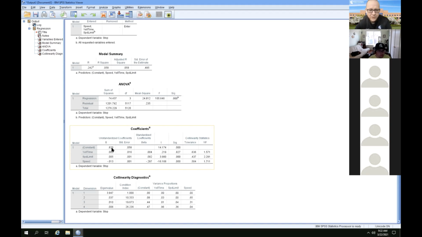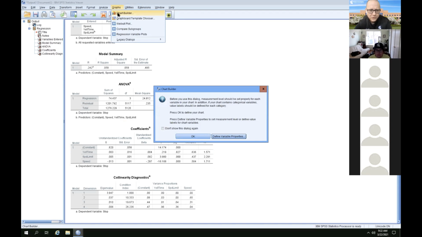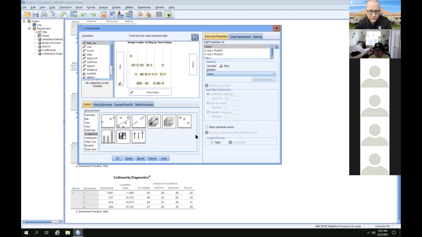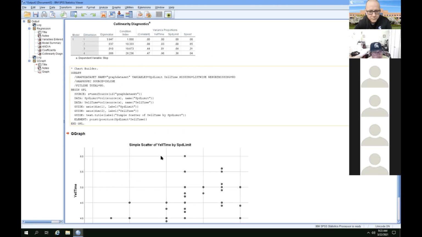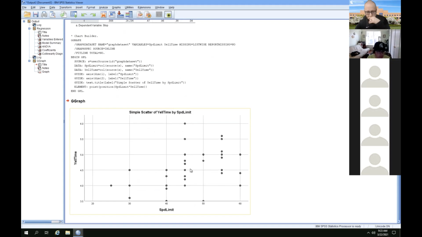But you can also work through, as you add these variables one at a time, you'll want to see what happens to these parameter estimates. Do they change sign? Do we see significant differences in these values? And I guess to one of the initial points here, if we look at the relationship between, let's say, yellow time and speed limit, okay, it looks like there might be something happening here.